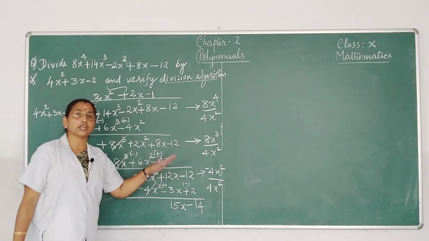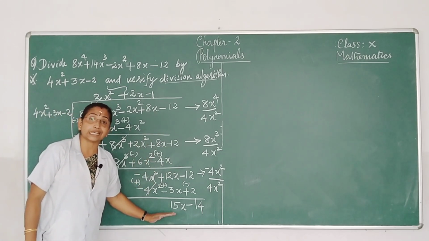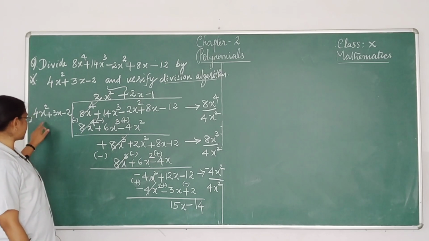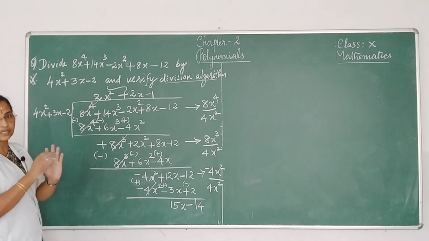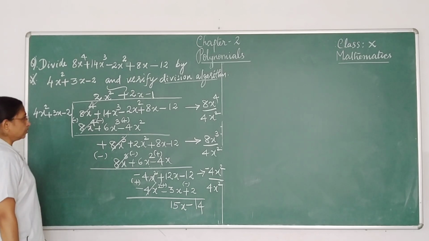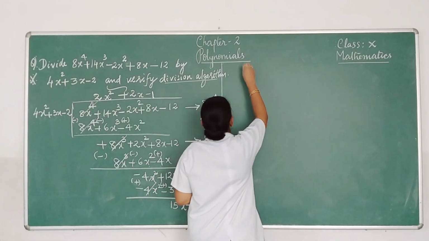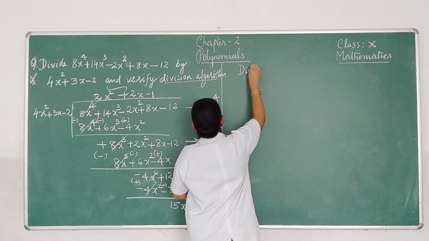We know that the degree of the remainder should be less than the degree of the divisor. Yes, here the degree of the remainder is less than the degree of the divisor, so we can stop the process. Now, I am going to write the dividend.